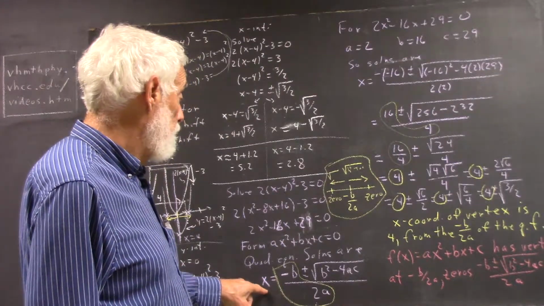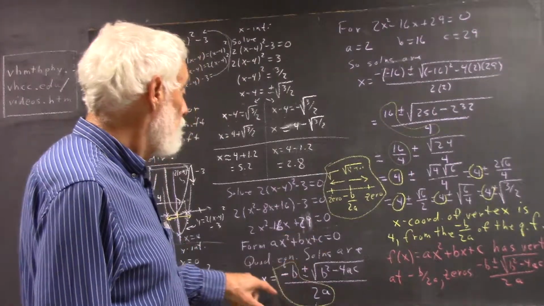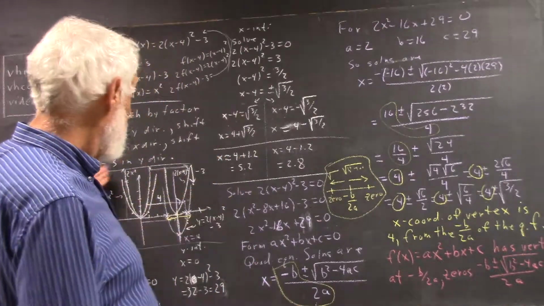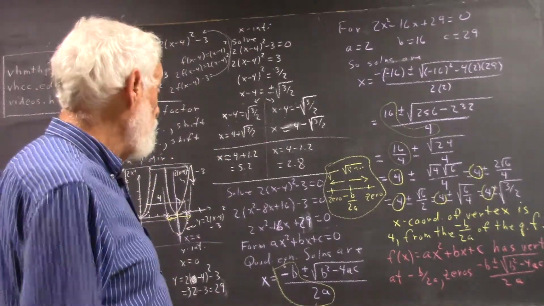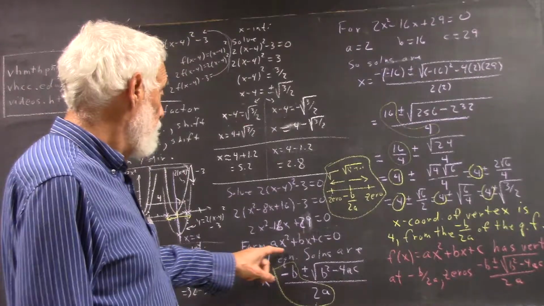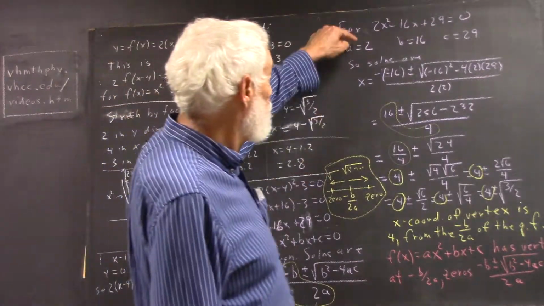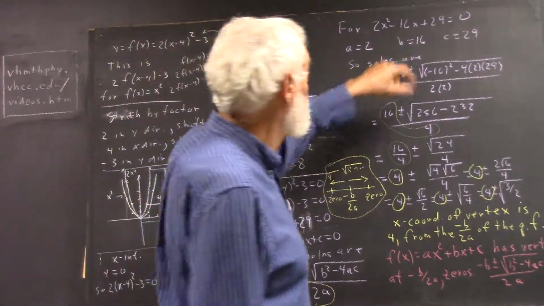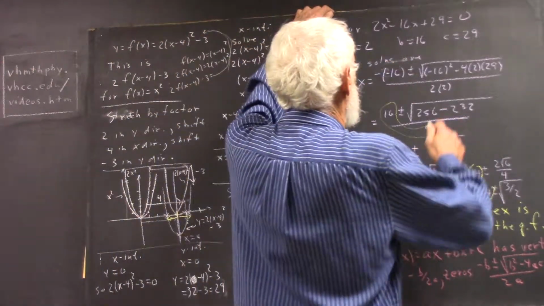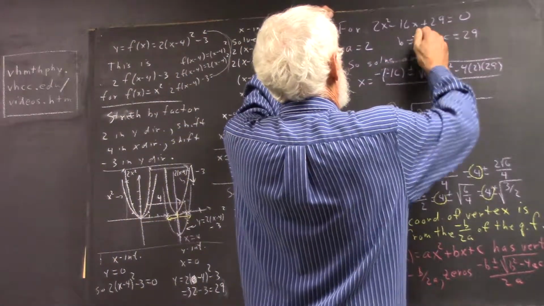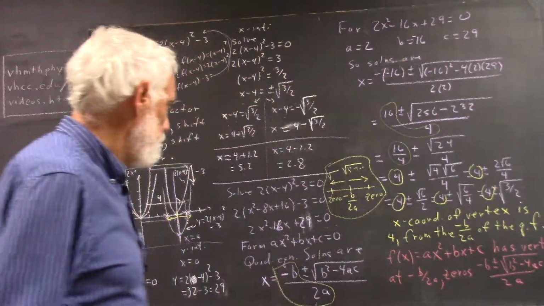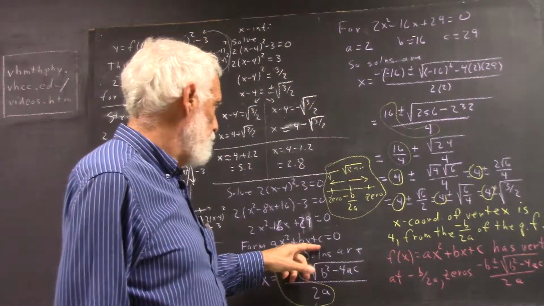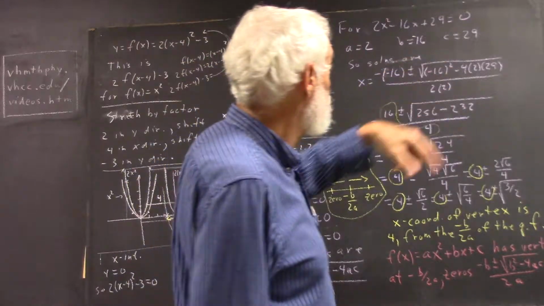And we get our solutions, which will be the zeros of this function. So we do that. A is what's in front of x squared, so A is 2. B is what's in front of x, so B is negative 16. And I didn't write the negative sign on that. And C is 29, so C is 29.